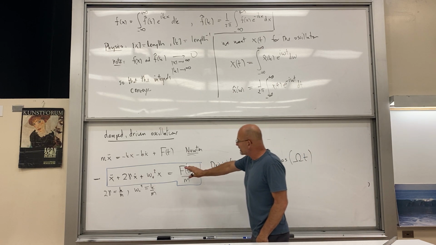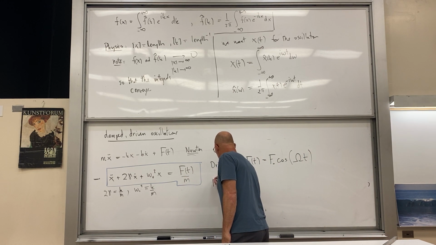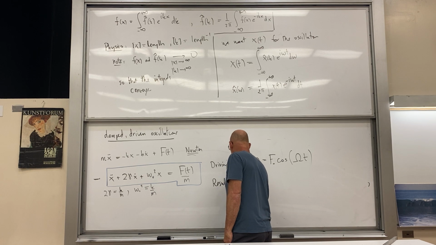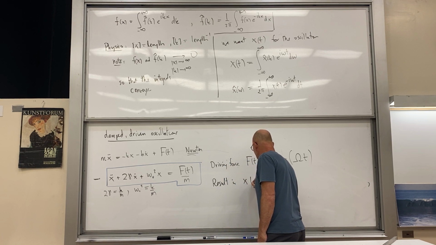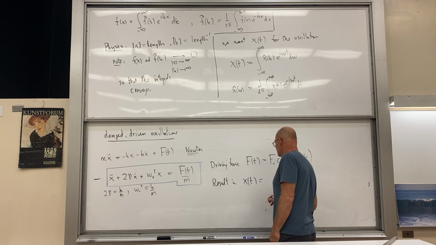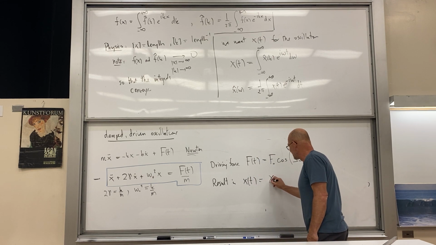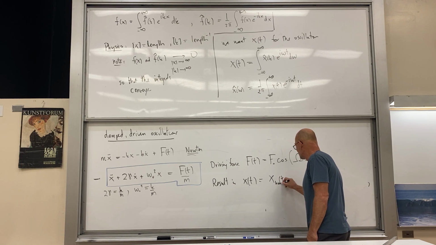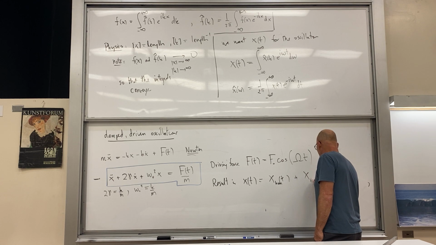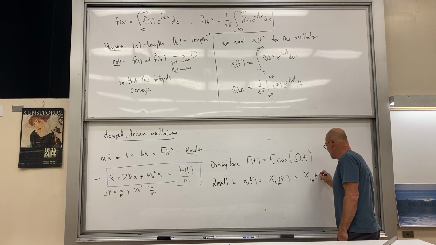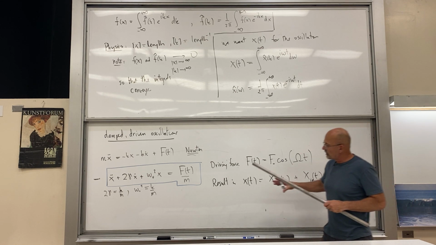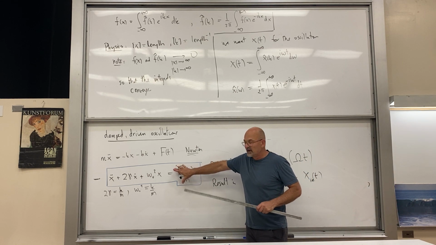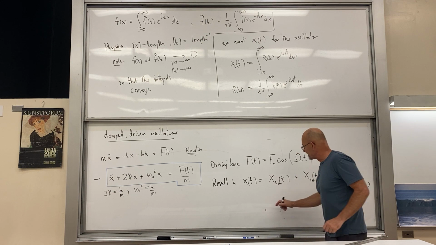And the result of this is x of t is equal to x of the homogeneous equation plus x of the inhomogeneous equation. The homogeneous equation being where f of t is equal to 0, and that, of course, is a transient.